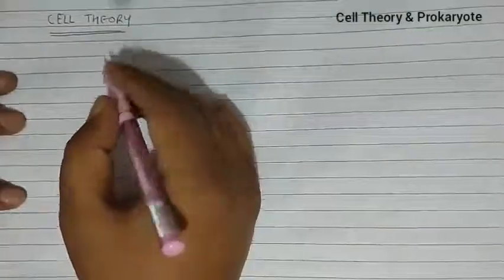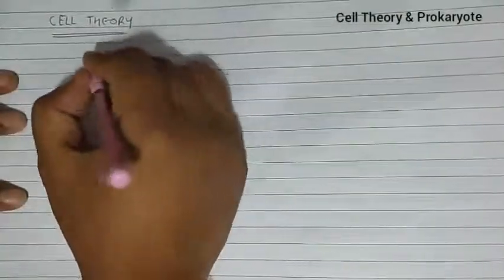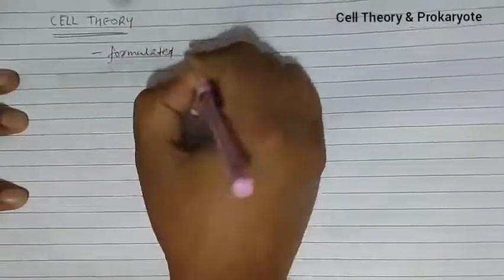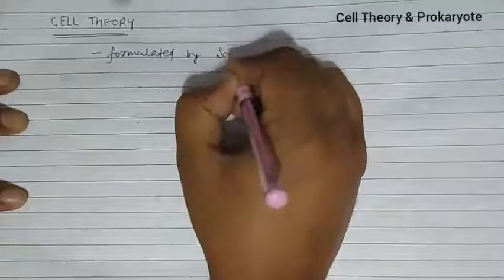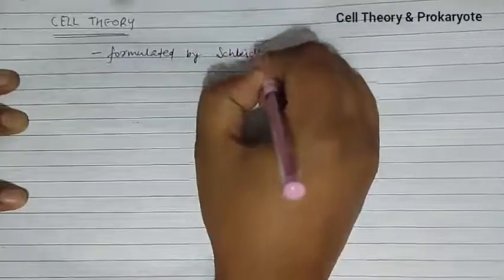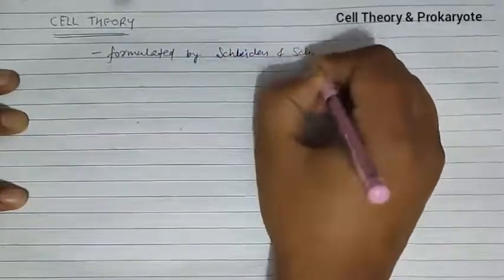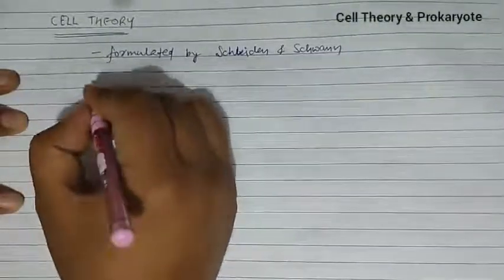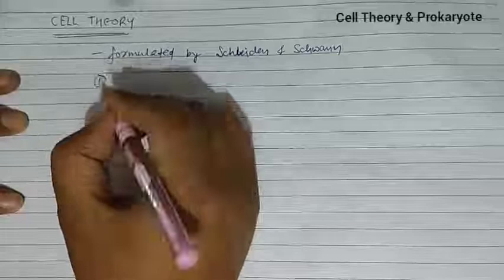Next we talk about the cell theory formulated by Schleiden and Schwann. They put forward some points.